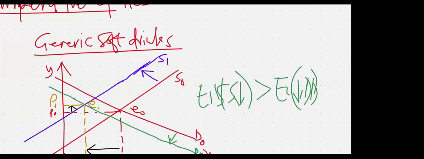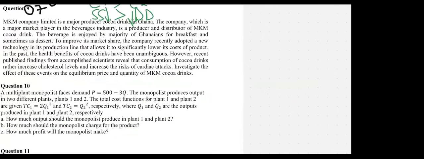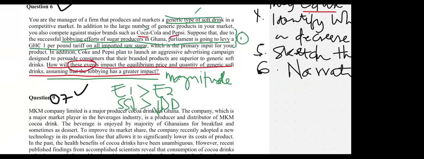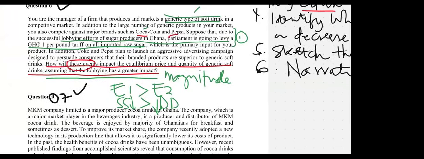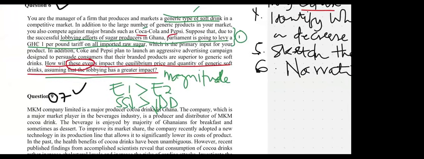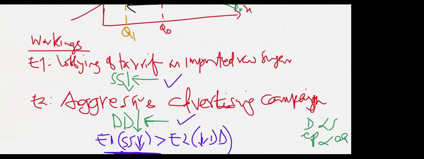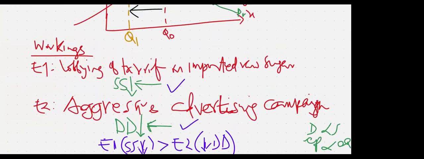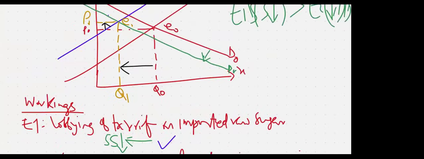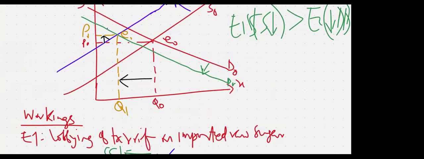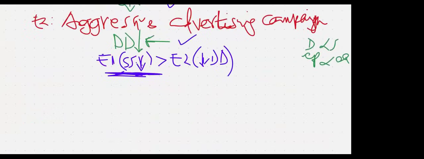Don't forget, from the beginning, we drew the original equilibrium. So how have these changes impacted the original equilibrium price and quantity? That's what we are going to write.